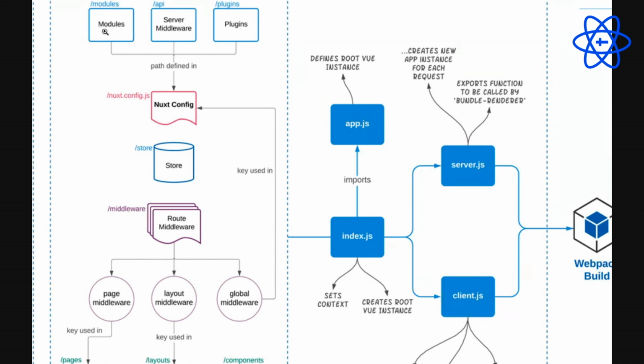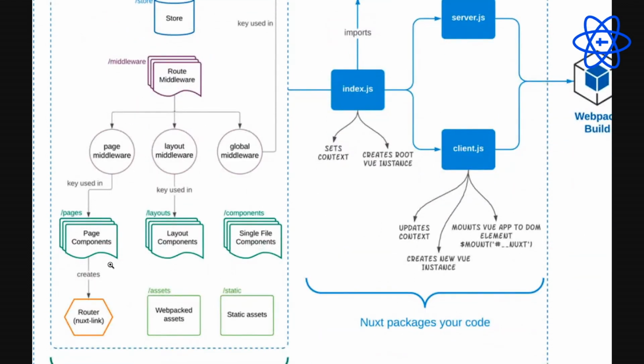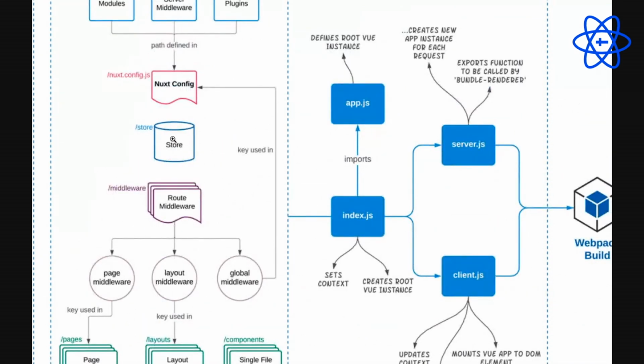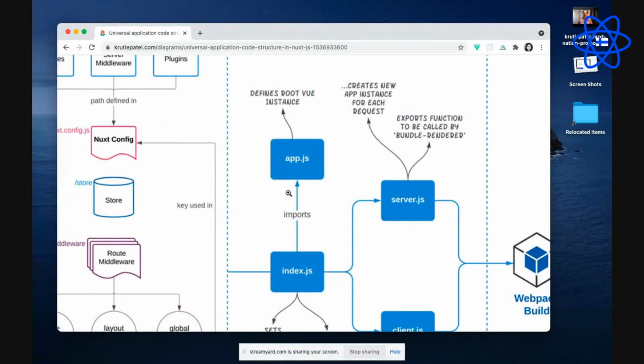The same goes for modules, server, middleware, plugins, all these options. All these folders are optional, but you can use them to customize your Nuxt further than the default. Your minimum required folder is the pages component. But you can add your Vuex store as well. It's as simple as creating a store folder and an index.js file in it. I hope that answered the question.